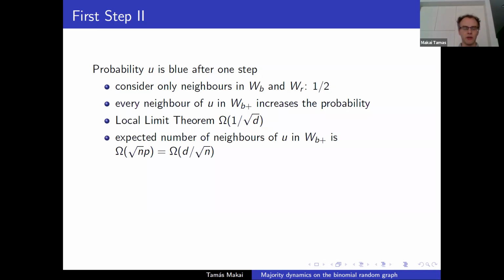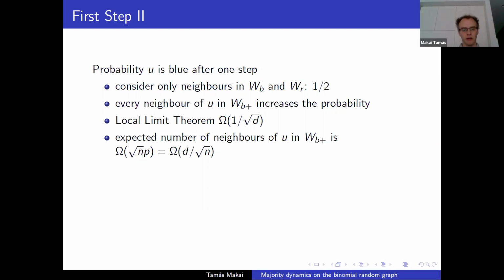But U actually has many neighbors in WB+. The reason is that the expected number of neighbors is of order root n times p, and this is D over root n.